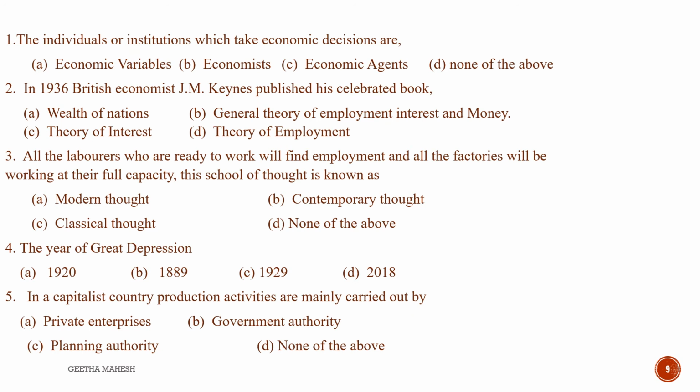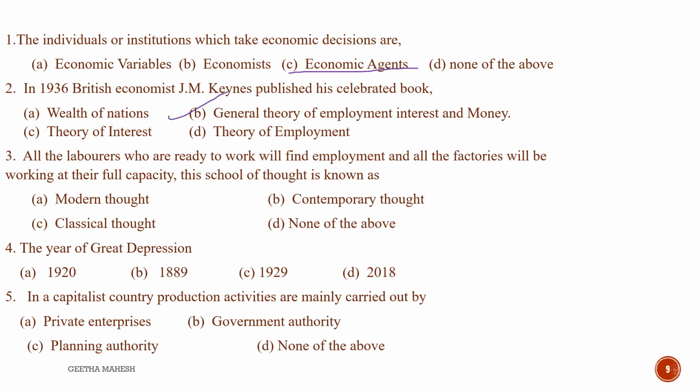The individuals or institutions which take economic decisions are economic variables, economist, economic agents, none of the above. The right answer is economic agents. In 1936, British economist J.M. Keynes published his celebrated book: Wealth of Nations, General Theory of Employment, Interest and Money, Theory of Interest, Theory of Employment.